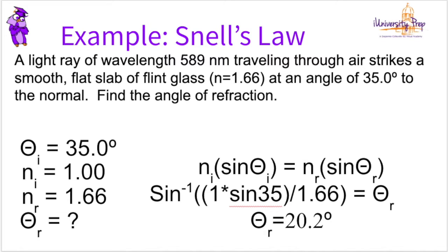And n_i is going to be 1 because it's coming from air. So air is always 1. So we have 1 times the sine of 35. We're going to divide by that 1.6 and then multiply by the inverse sine to cancel out the sine. So we get theta r by itself, and it'll be 20 degrees, or 20.2 degrees. One thing you should note, that it moved from 35 to 20, so it got closer to the normal line, which means it's slowing down.